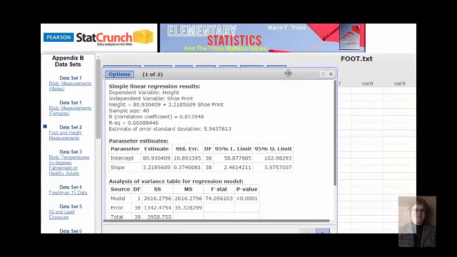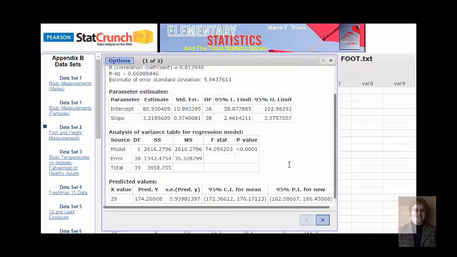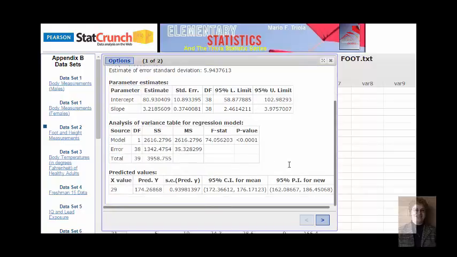And this is what I had pasted into the slide. So here we have our dependent variable, height, independent shoe print. Here's our line of least squares regression, our correlation coefficient, our coefficient of determination, standard estimate of our error standard deviation, and as we go down, here we have our prediction interval right here.